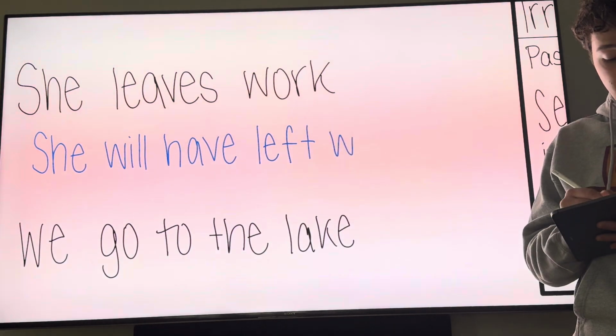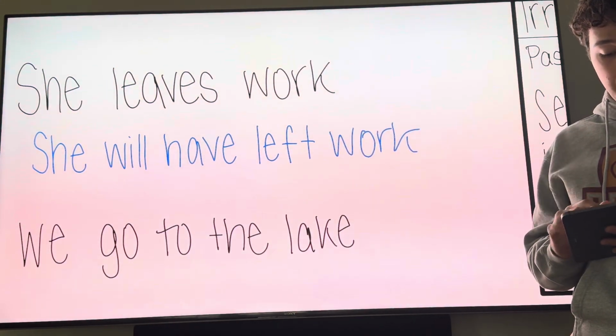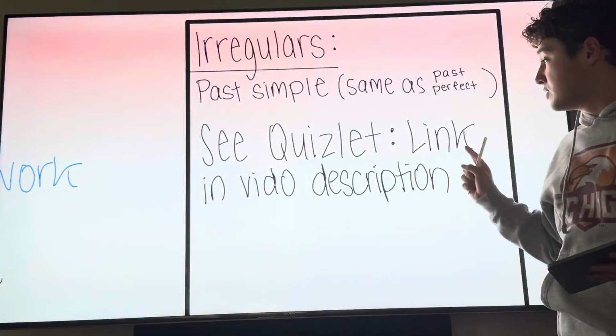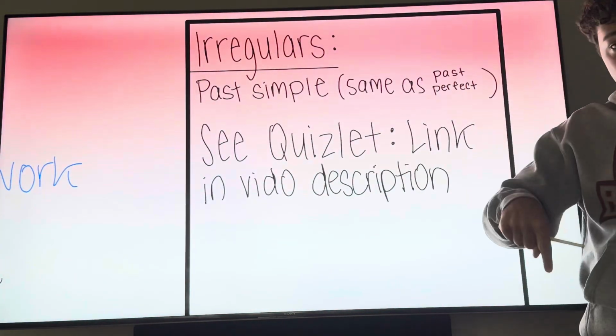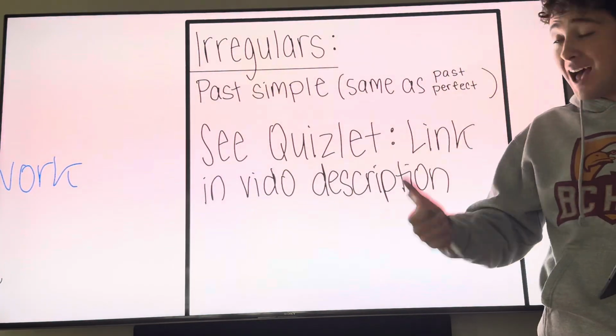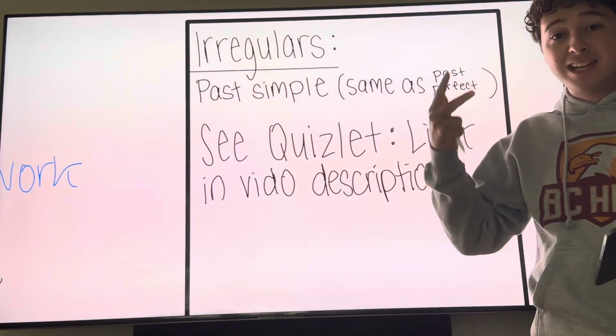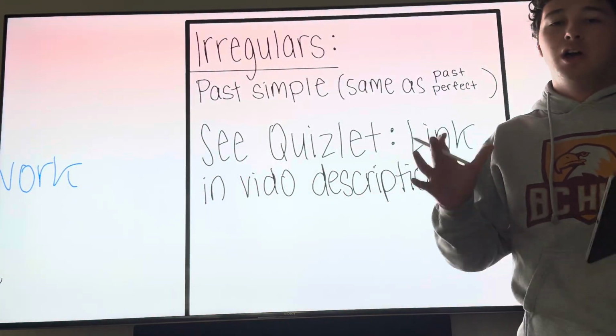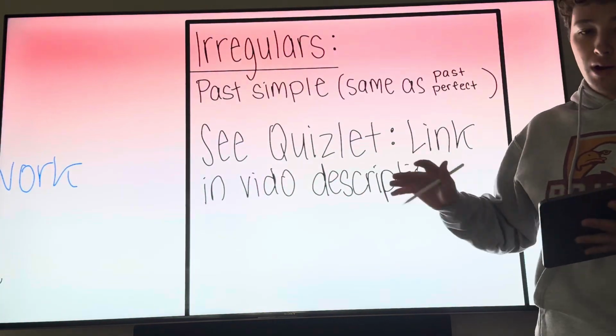So she will have left work. If you didn't know, I recommend looking here, especially for the irregulars. There is a Quizlet listed down below. It's the same verbs you'll memorize for the past simple, past perfect, and the future perfect. So please see this Quizlet. It is so helpful. You'll use it for so many words.